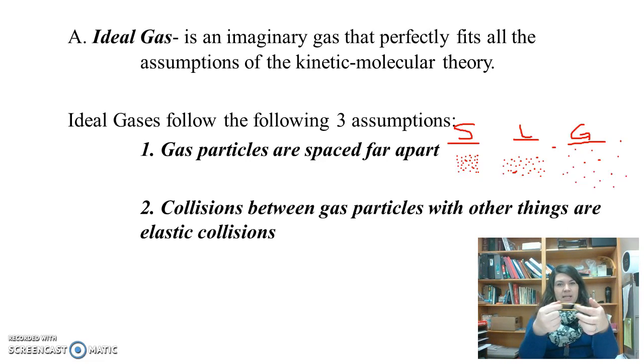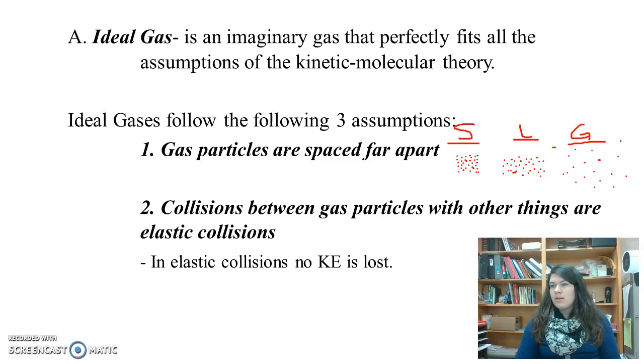Just like these retain their shape, the elastic collision means that the energy is conserved. Another way of saying that is no kinetic energy, KE, is lost. And remember, kinetic energy is the energy of motion. So even though it's bouncing off something, it's not losing any of its energy.